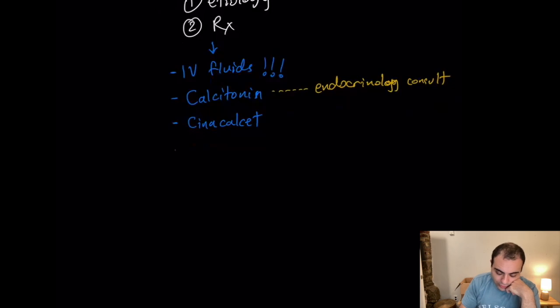And then you can also give denosumab, which is an immunoglobulin, a monoclonal antibody against, I believe, RANK ligand. It essentially decreases the osteoclastic activity and decreases the release of calcium from bones, and so you get less calcium.